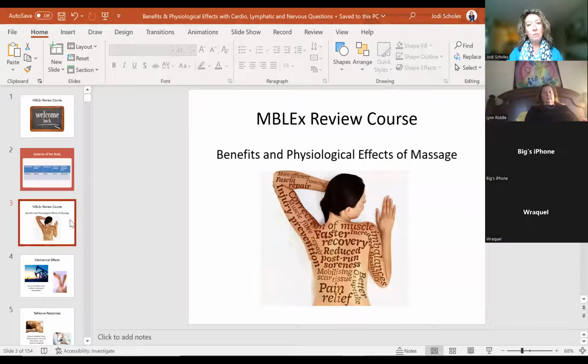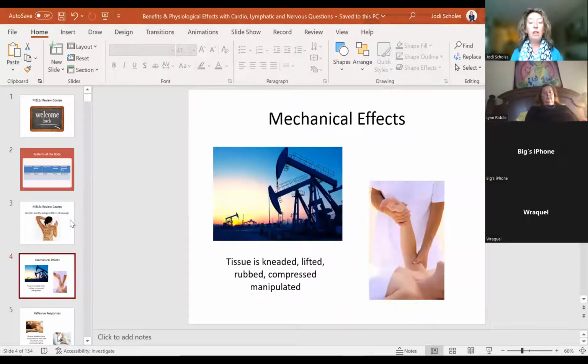Before we get into specific systems, I wanted to review with you the mechanical effects of massage and the reflexive effects of massage. And so when we talk about the benefits of massage, there are either mechanical benefits or reflexive benefits. Let's start with mechanical. The mechanical benefits of massage are a physical result.